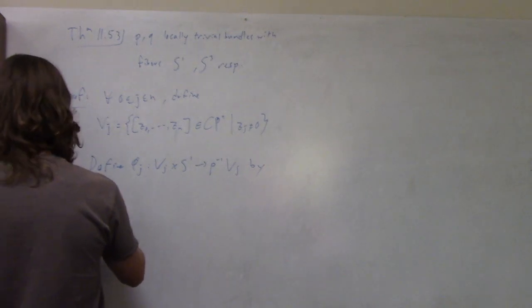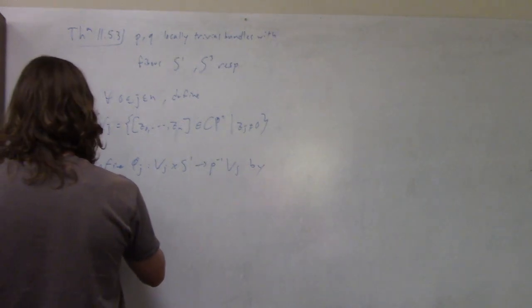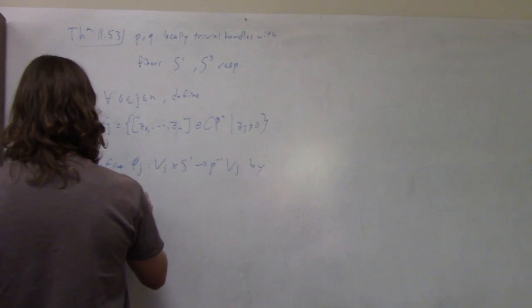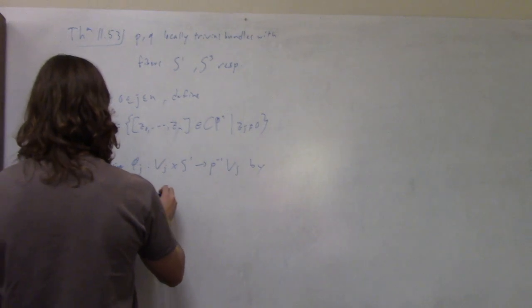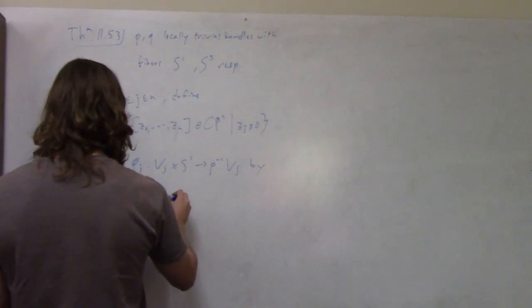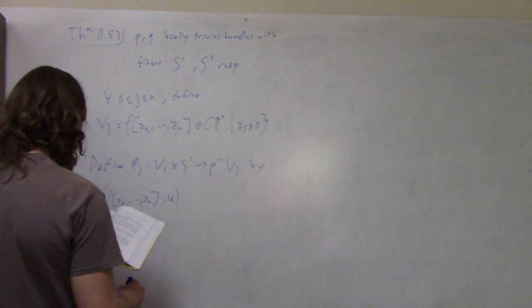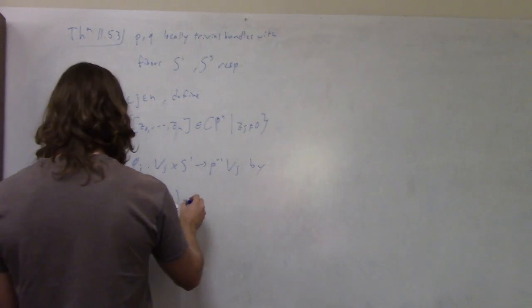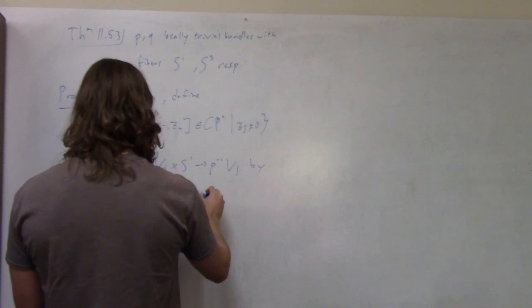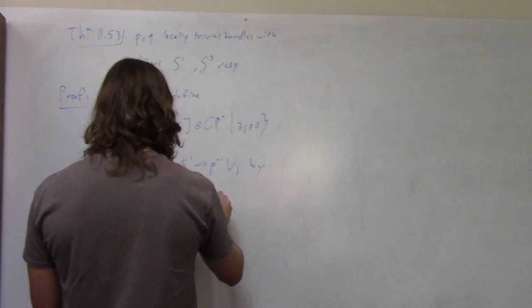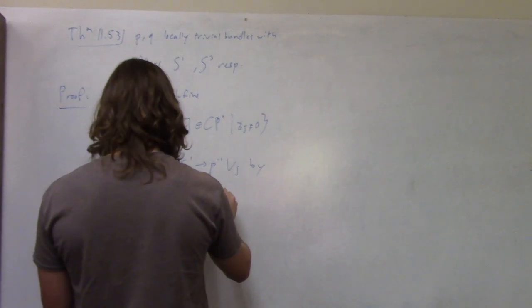Following the map, Vj of z naught, ..., zn comma u, for u an element of S1, is going to be equal to the modulus of zj over zj.